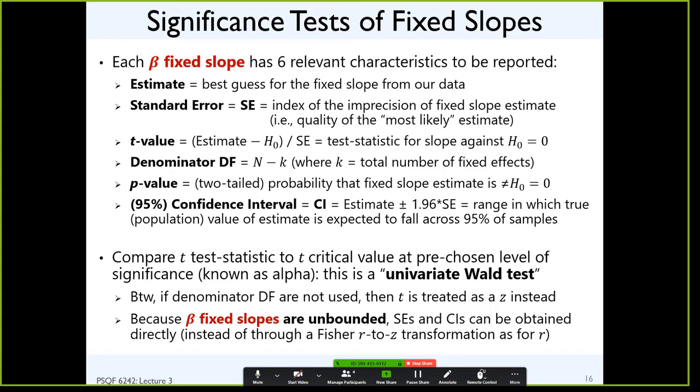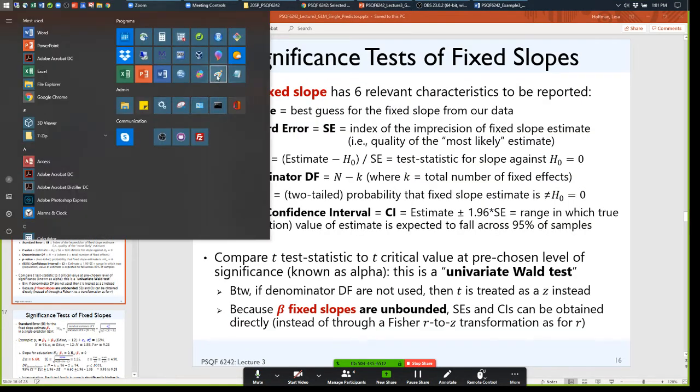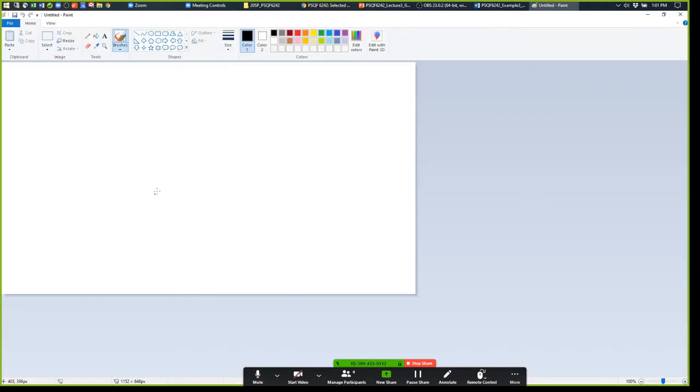Unexpected, yeah. So here's my best rendition of a t-distribution. There's 0. Alpha is our a priori determination of where we're going to distinguish expected from unexpected, and it's based on probability.